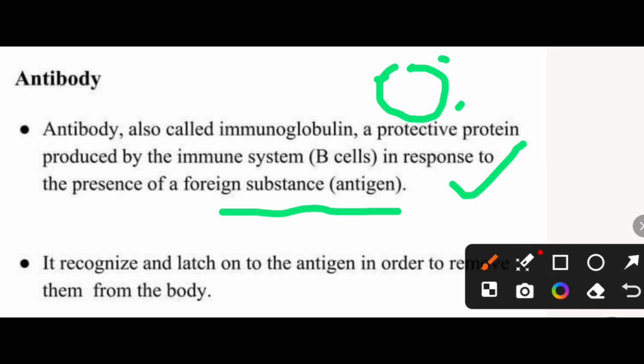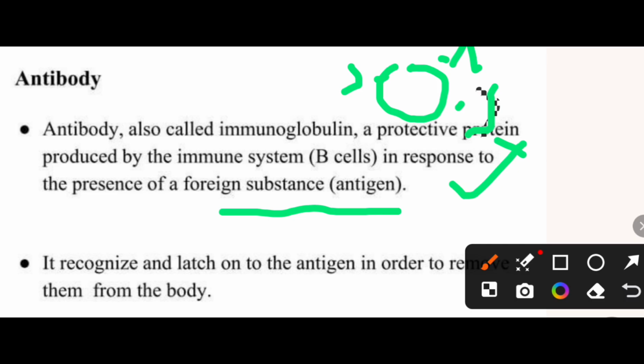It will combine here with its structure, and it will try to attach here. So it will stop it in order to prevent it from infecting the other cells.